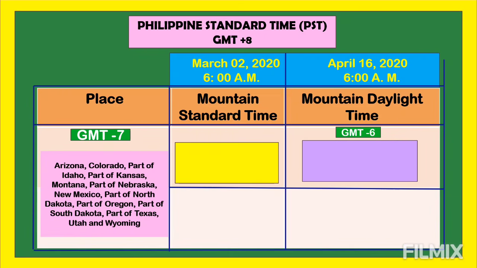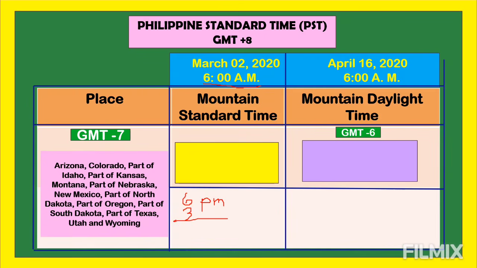For me, to make it easier, I'm just getting the exact opposite of our time. For example, 6 a.m. So, the exact opposite for that is 6 p.m. The same number, just change a.m. or p.m. Then, since it is 15 hours advanced, I'm going to subtract it by 3. Why 3?